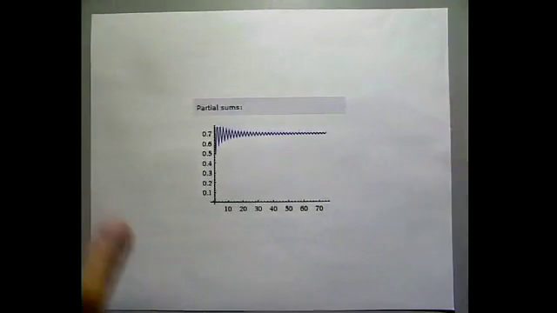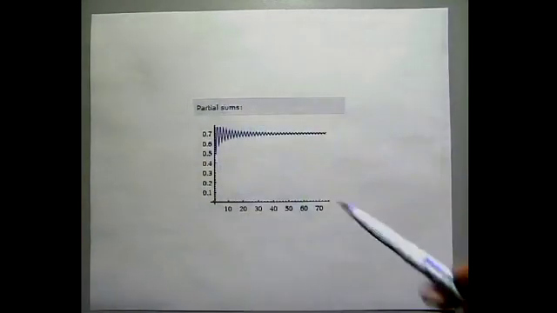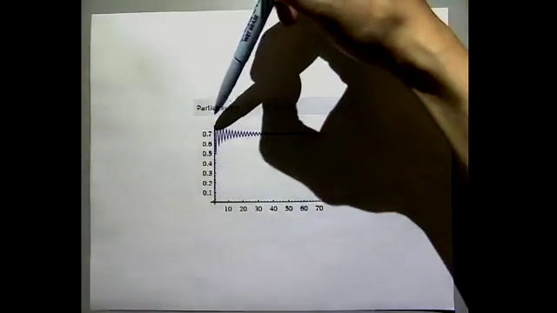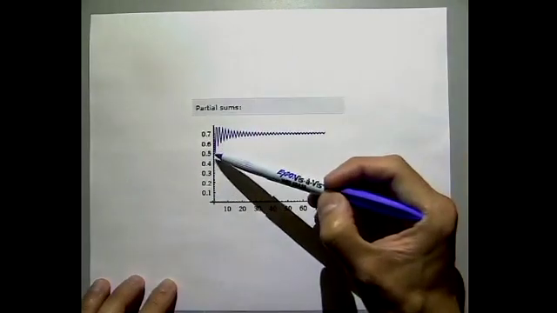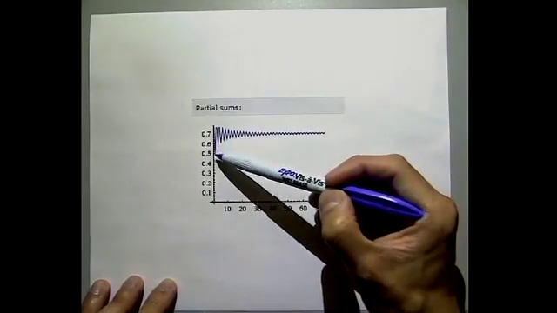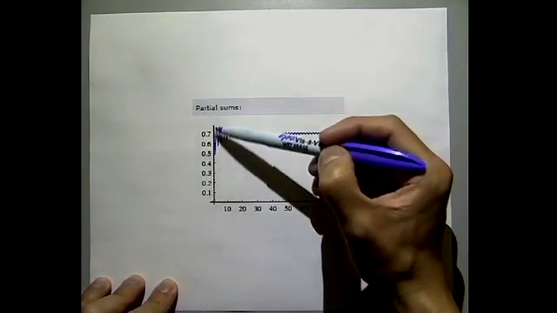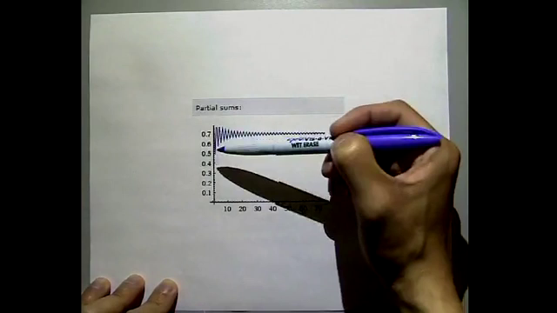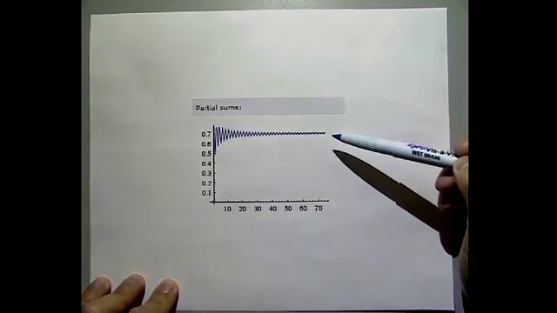Take a look at what happens if I graph these points. All right, so you can see these are the n's and these are the partial sums. We started at 1 way up here, and then 0.5 brought me down to here, and then 0.8, so up here, 0.58, and so on. And eventually, it's settling down.